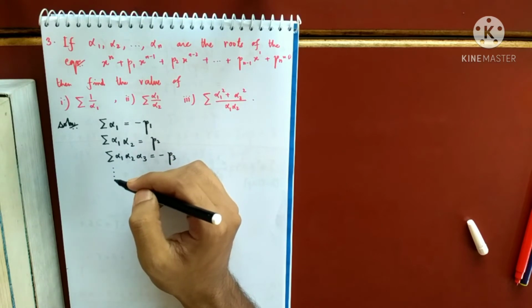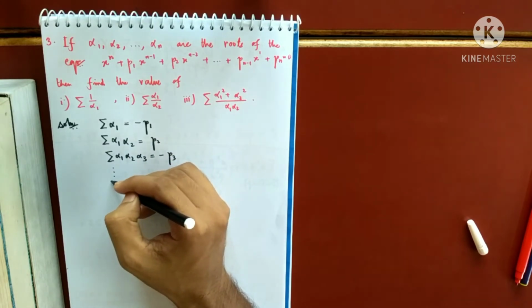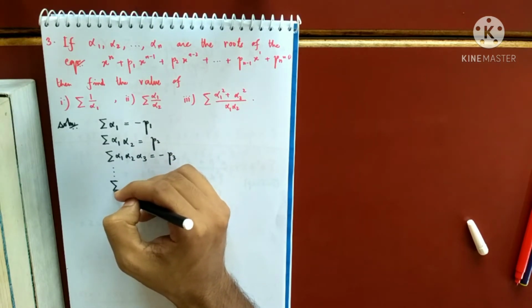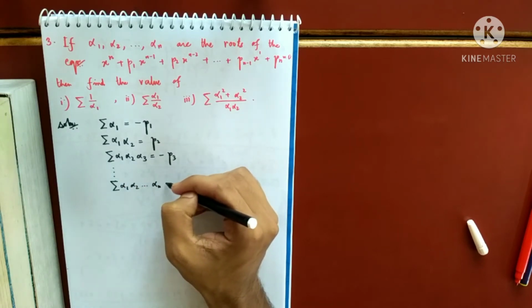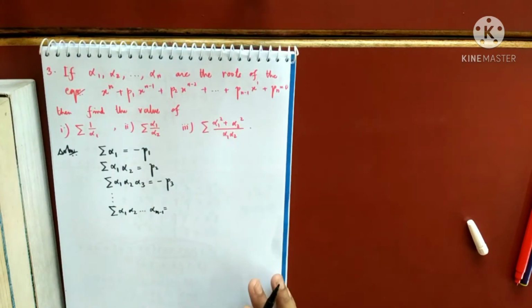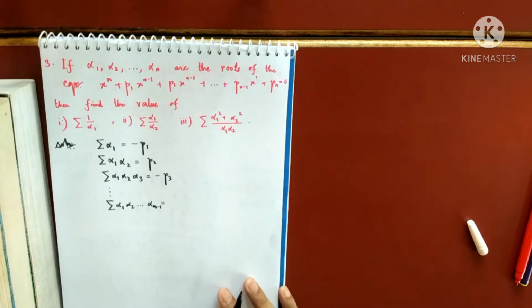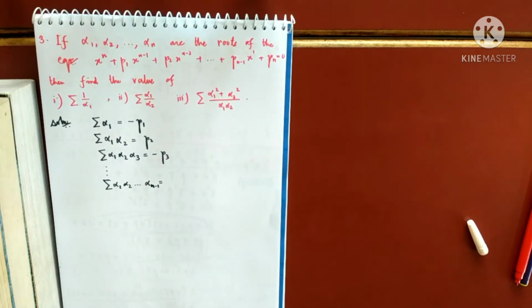So I will now take n minus 1 at a time. So alpha 1, alpha 2, ..., alpha n. What will I get here? Who can tell me, if I am taking n minus 1 at a time?